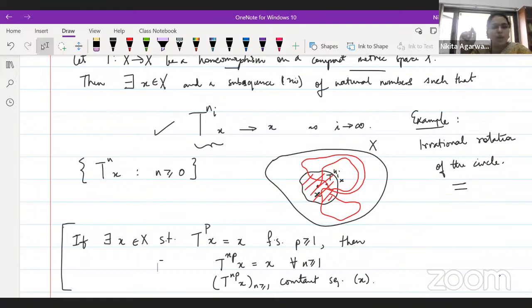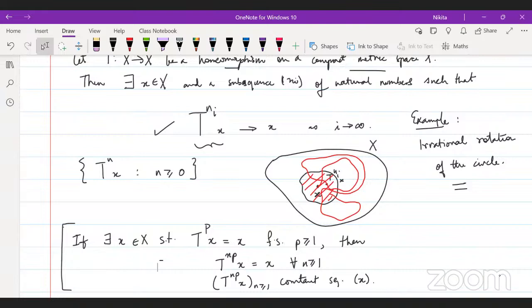I'll also tell you the chapter number, which you can refer to for this. So homeomorphisms on the circle are well-studied examples in dynamical systems. They have a very precise kind of structure. Yeah. Okay.